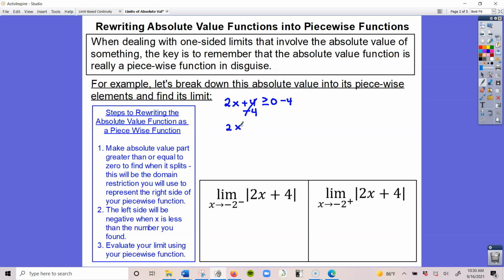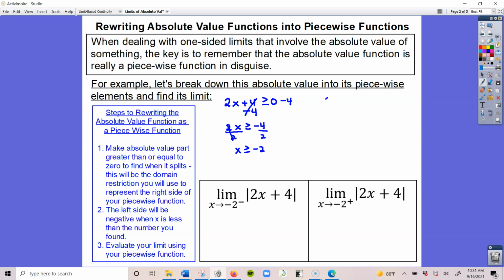Here we get 2x is greater than or equal to negative 4, and then we divide by 2. So x is greater than or equal to negative 2. This is basically the vertex of the absolute value, where it splits up into its two separate lines.